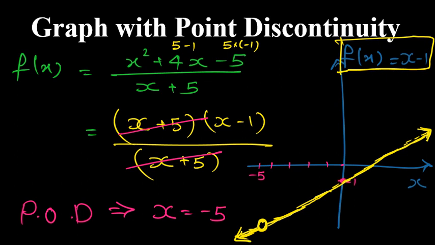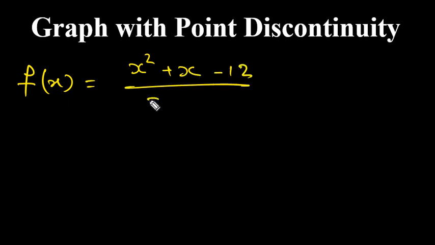Let's try one more question. The next question we have is, let's say, f of x is equal to x squared plus x minus 12 over x plus 4. So let's try to see if there's any common factor. How will you get -12?